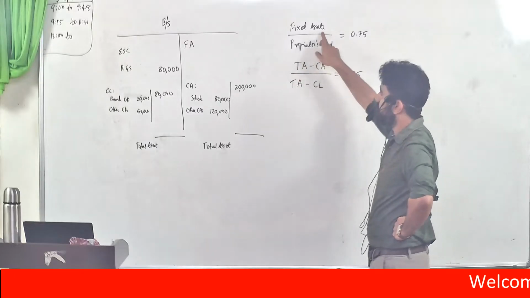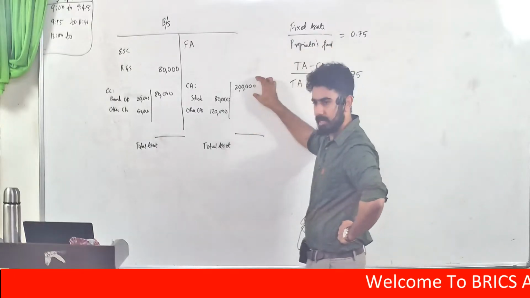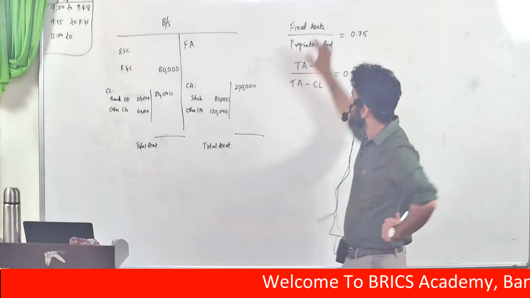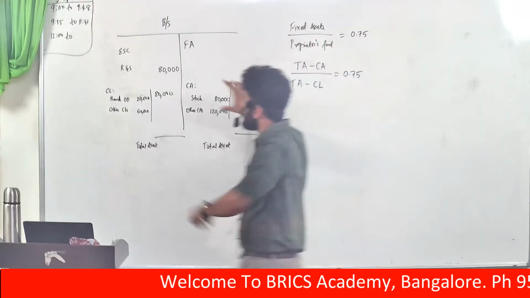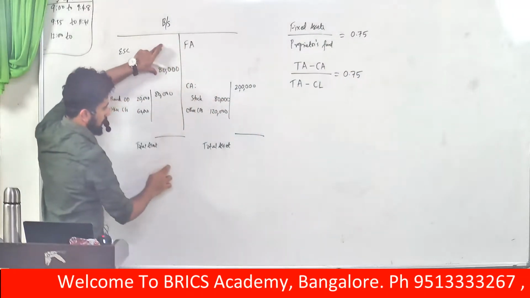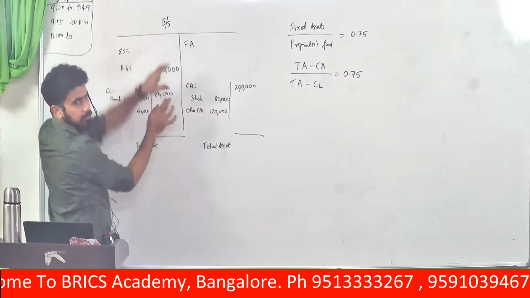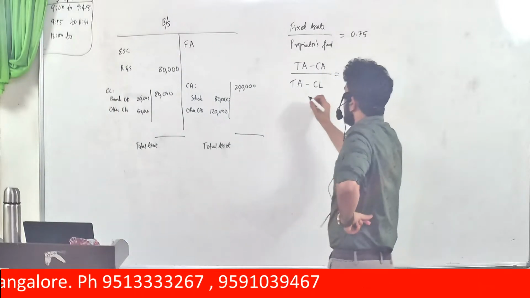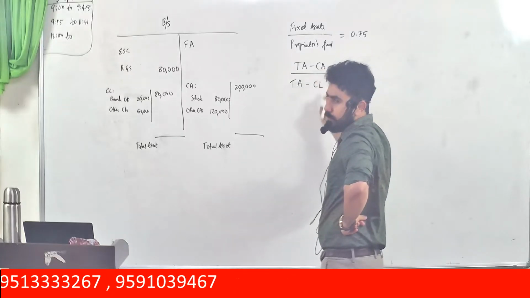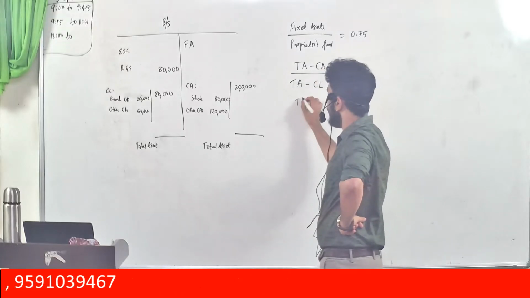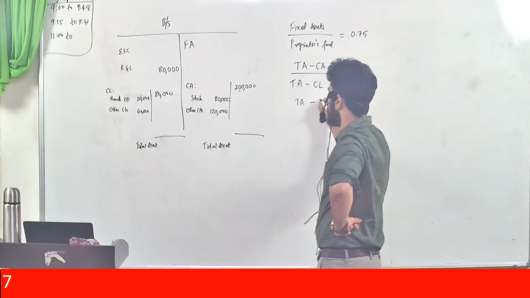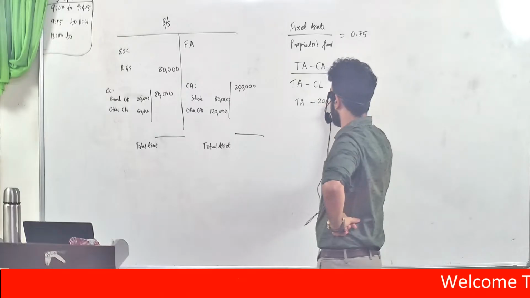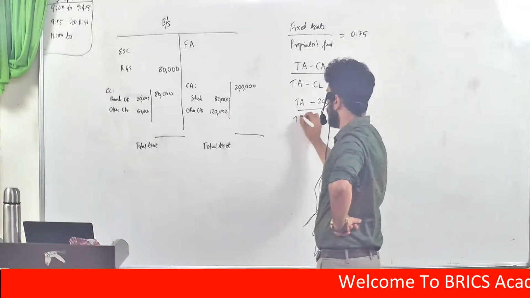Doesn't really matter. So guys, fixed asset means total asset minus current assets. This much is okay. Proprietors fund is this portion, so I'll say total asset minus current liability. From here, we know current asset and we know current liability. TA, we don't know, we'll find out. Minus current assets, which is 2 lakh.